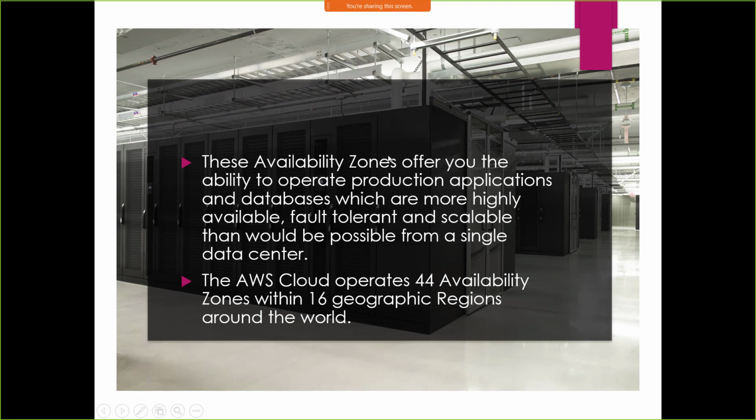These availability zones offer you the ability to operate production applications and databases which are more highly available, fault tolerant, and scalable. What is fault tolerant, guys, and what is scalable? Fault tolerant is that if there's a fault happening on the data center side from AWS or Azure data center, the machine will not go down.